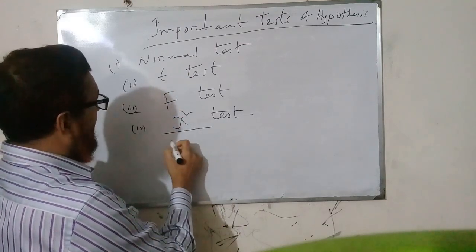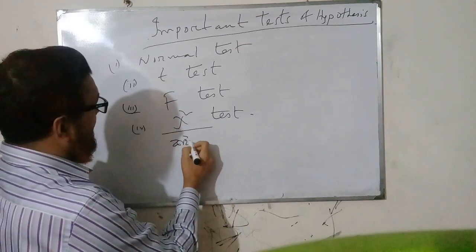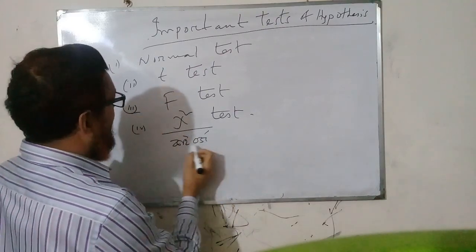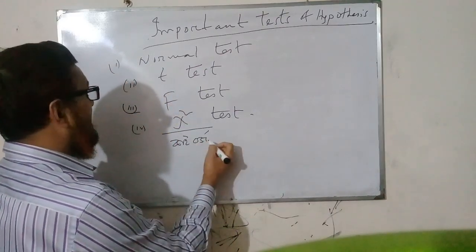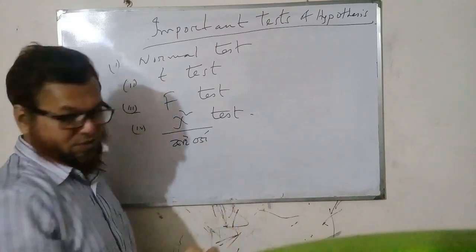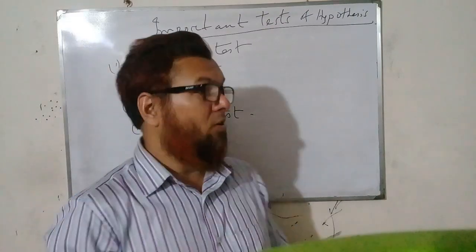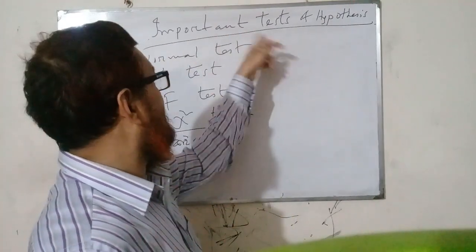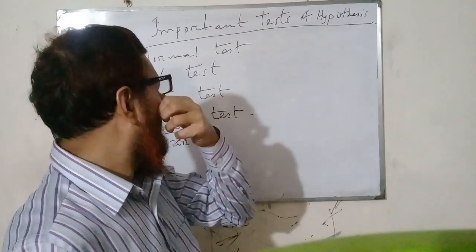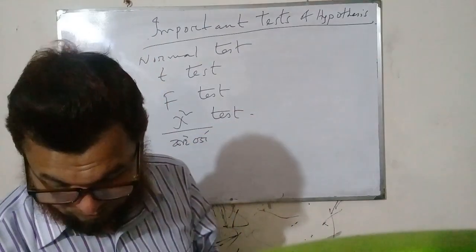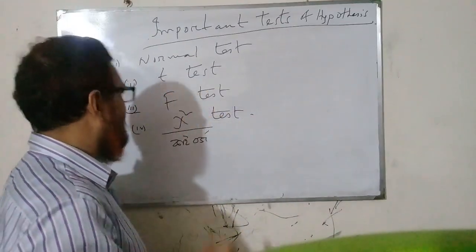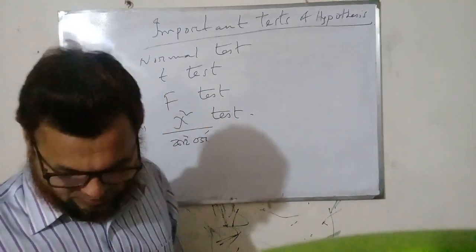Chi in Bengali means chi borgo. This is chi-square test. Some important tests of hypothesis are normal test, t-test, f-test, chi-square test.